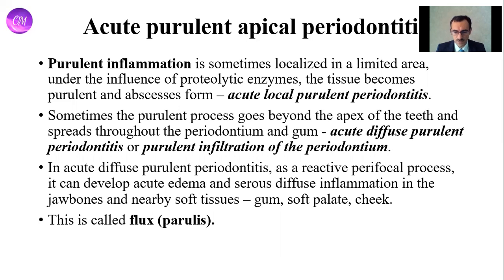In acute diffuse purulent periodontitis, as a reactive perifocal process, acute edema and serous diffuse inflammation can develop in the jawbones and the nearby soft tissues. This is called a flux.